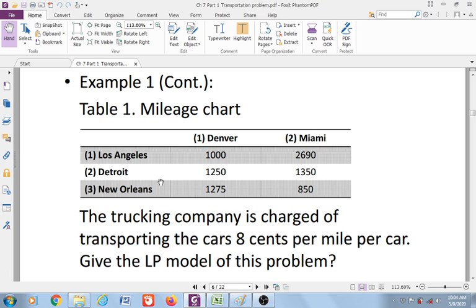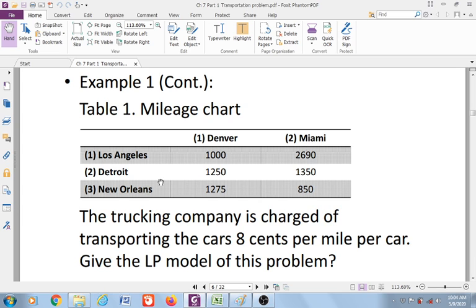Given that we have to satisfy, number one, the capacities of each plant and the demand from each distribution center. So we have three constraints in this problem.